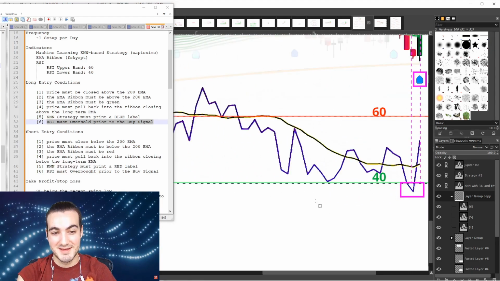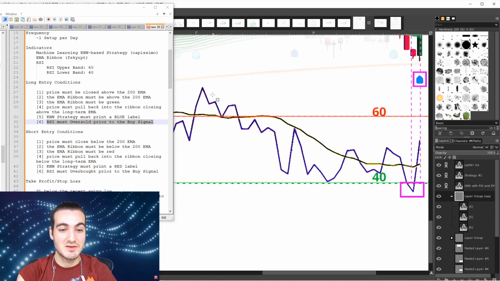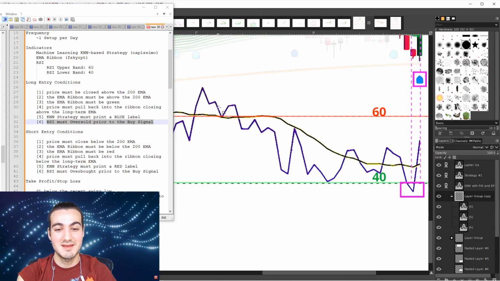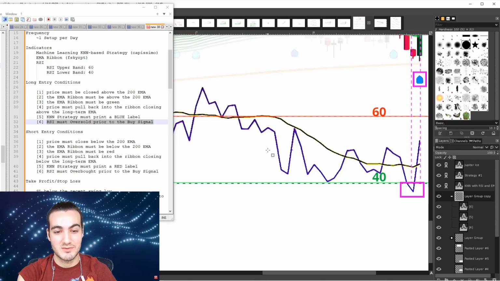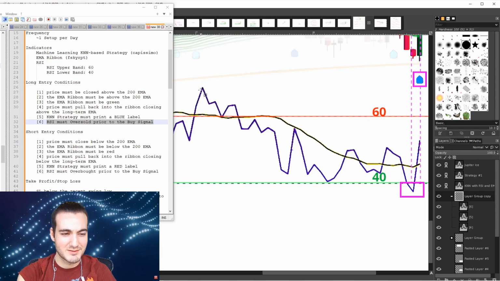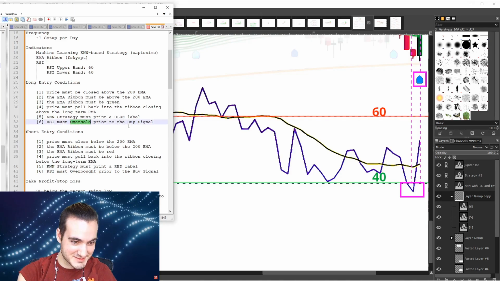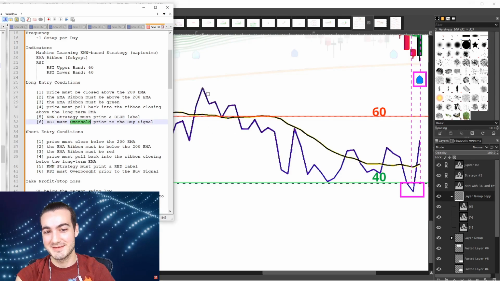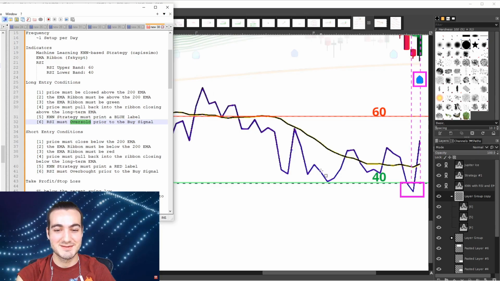The way I see it is that the RSI should be declining, right? So we're going from overbought, all the way down to oversold.